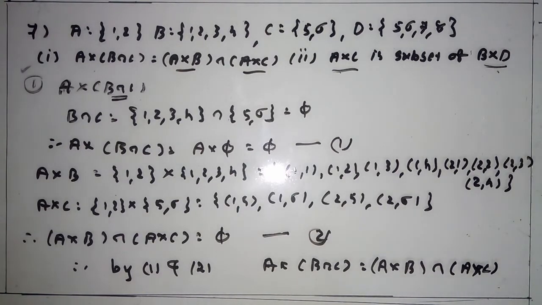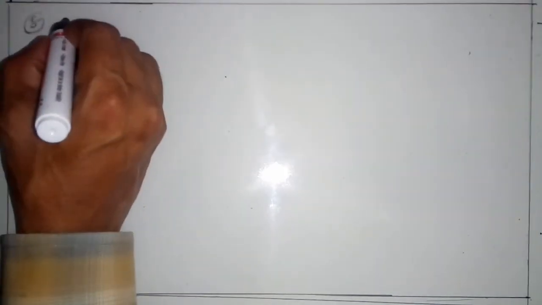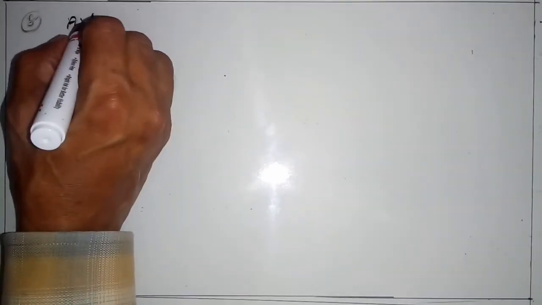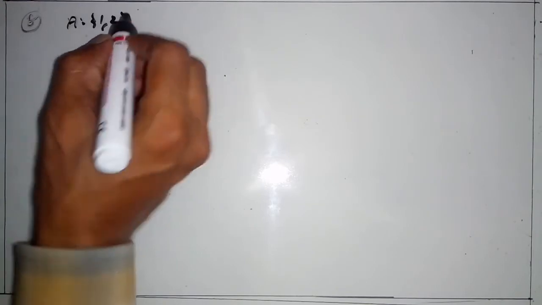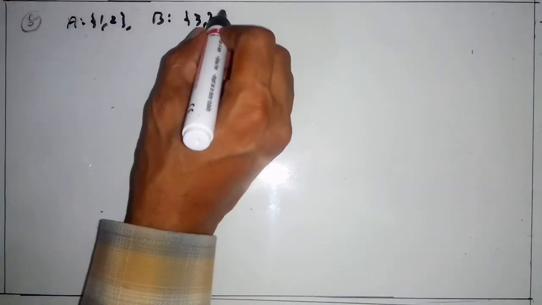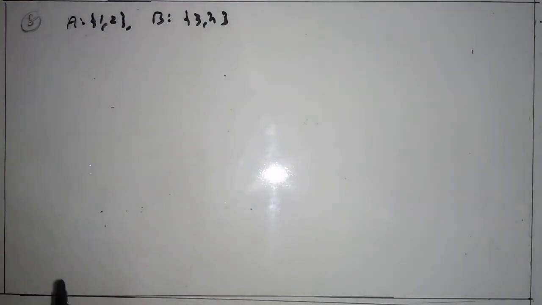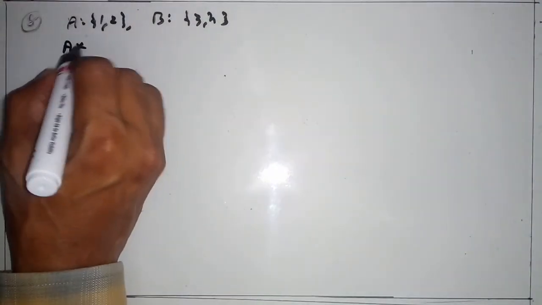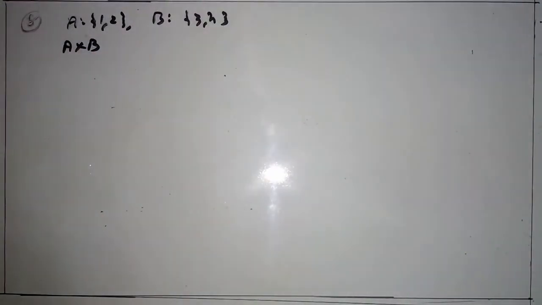Now, next question, question number 8. Remember this. Let A = {1, 2}, B = {3, 4}. Write A × B. How many subsets will A × B have?